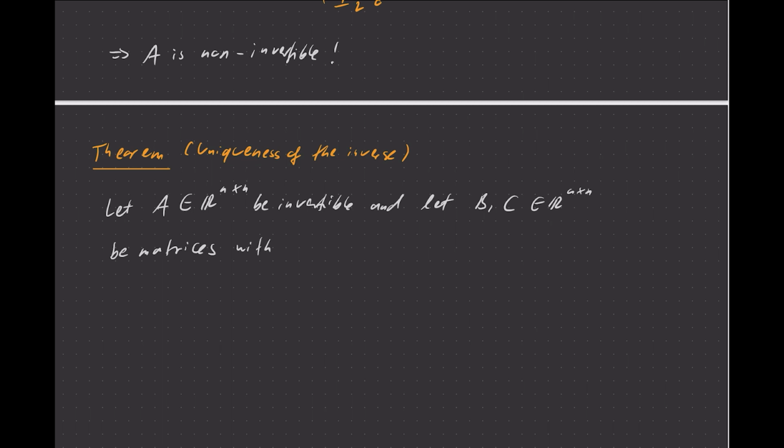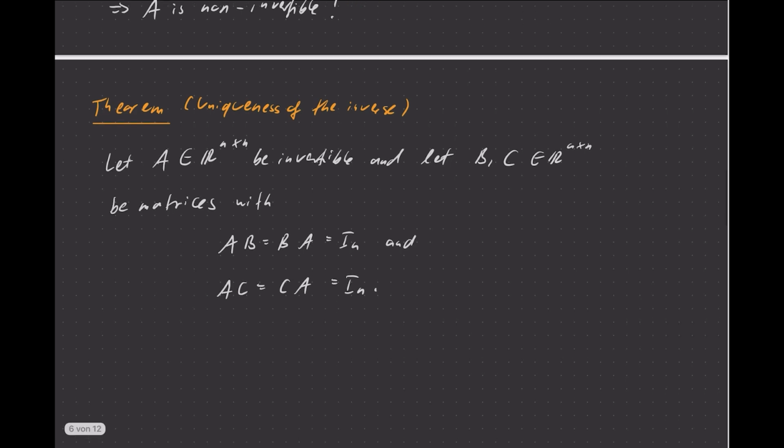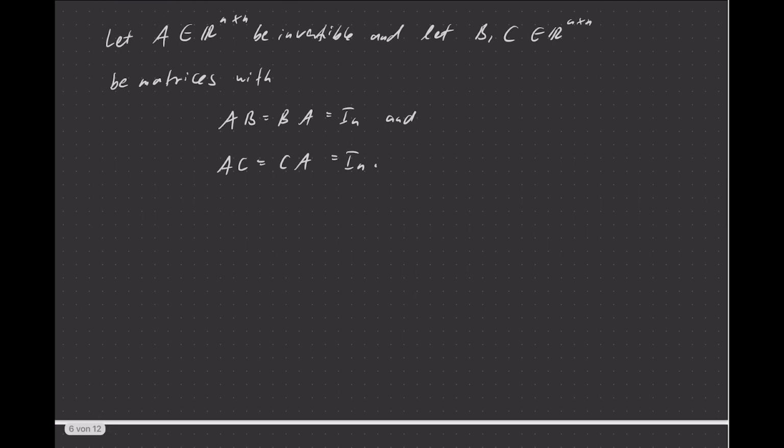On the one hand, AB equals BA equals IN. And on the other hand, AC equals CA equals IN. So both satisfy the equations for an inverse matrix. And the claim is, then B must be equal to C. So there are no two different inverse matrices, and B is equal to C.